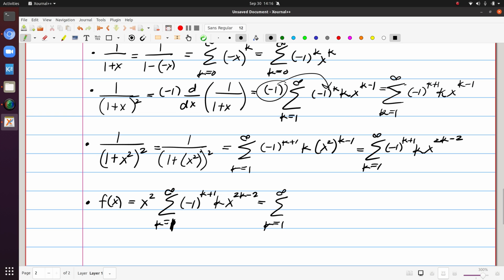So this leaves me with the sum from k equals 1 to infinity of (negative 1) raised to the k plus 1, k, x to the 2k. Just adding 2 to 2k minus 2. And that's our final answer.